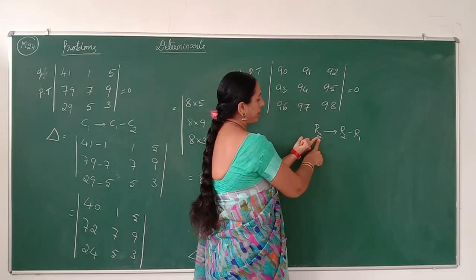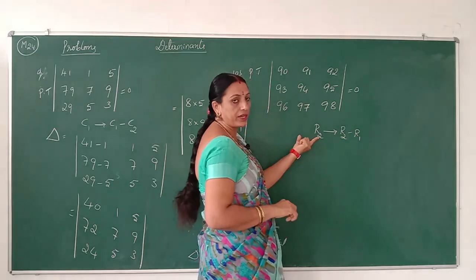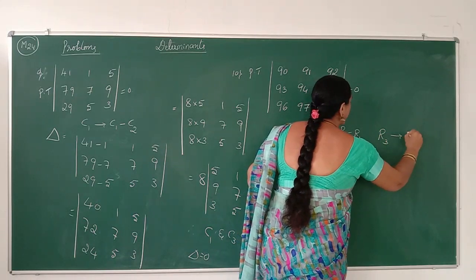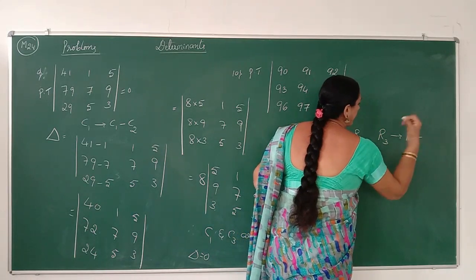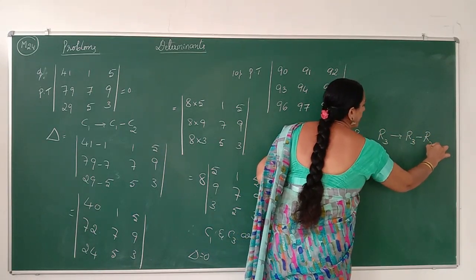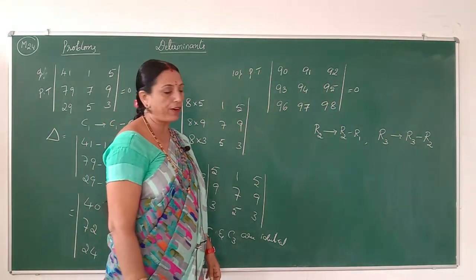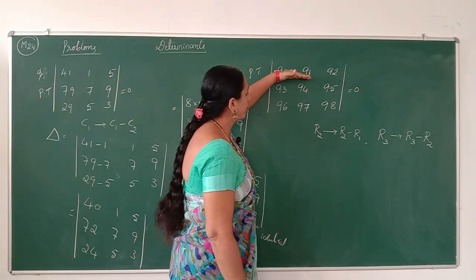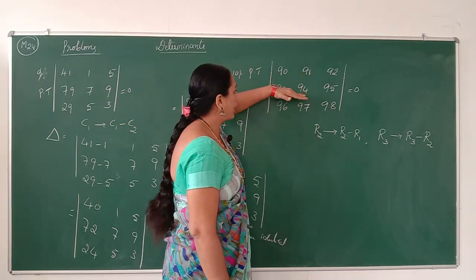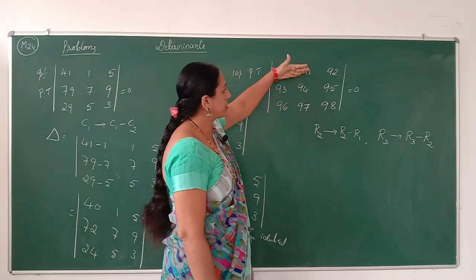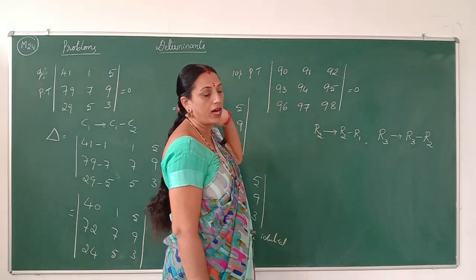Therefore, R2 is changed to R2 minus R1. And again, R3 can be changed to R3 minus either R1 or R2. So any one of them can be used in the case of R3. It means R1 is the fixed row, R2 depends on R1, and R3 depends on either R1 or R2.